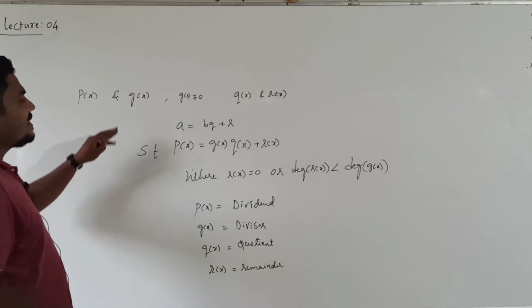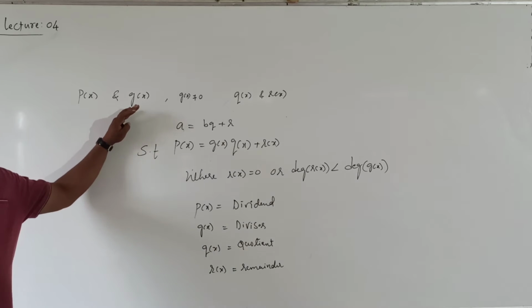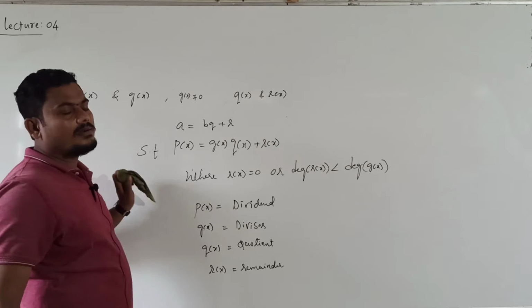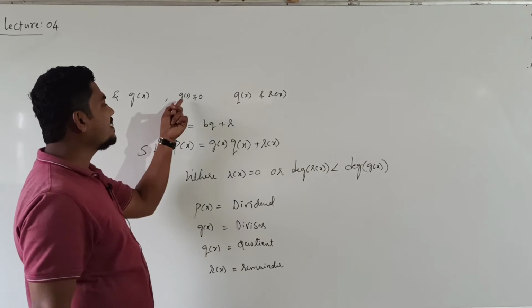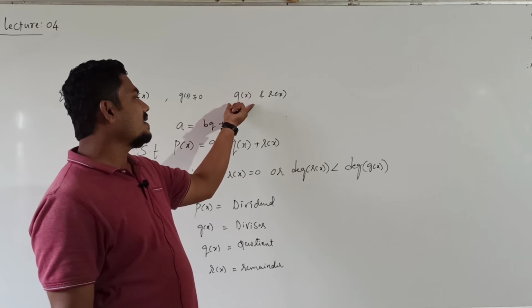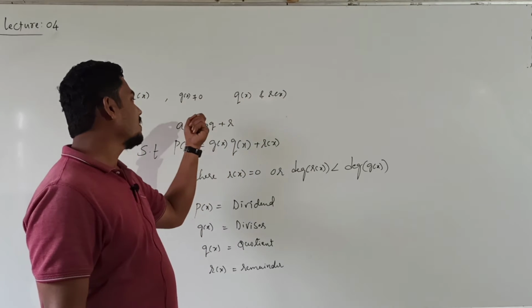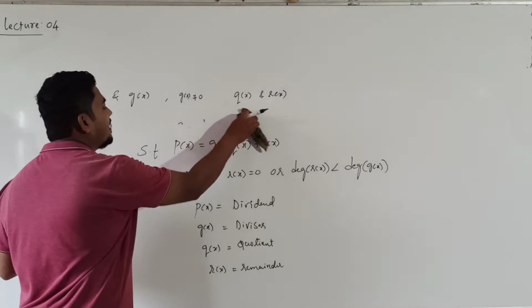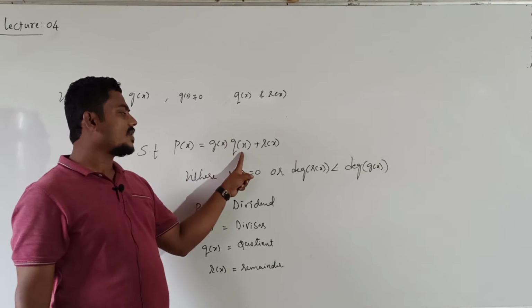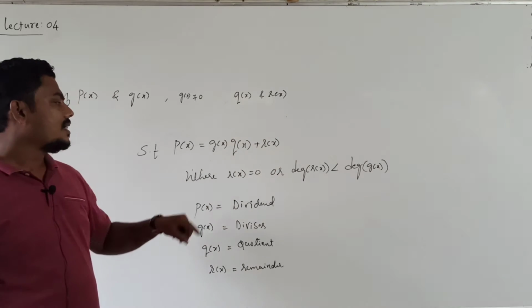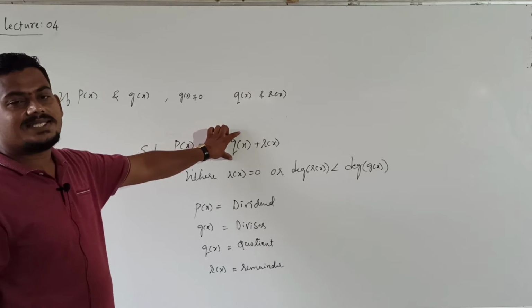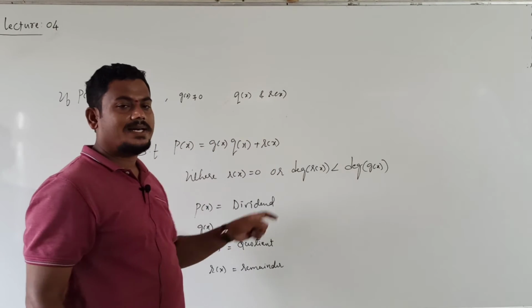This is known as division algorithm for polynomials. If p of x and g of x be any two polynomials with g of x not equal to 0, we can find polynomials q of x and r of x such that p of x equal to g of x into q of x plus r of x. P of x is dividend, g of x is divisor, q of x is quotient and r of x is remainder.